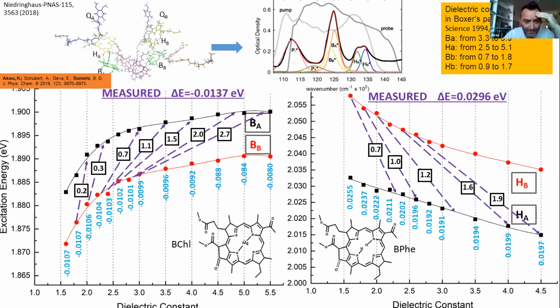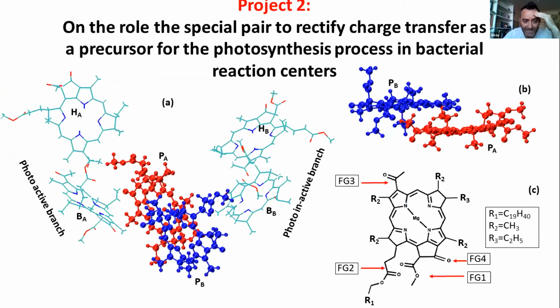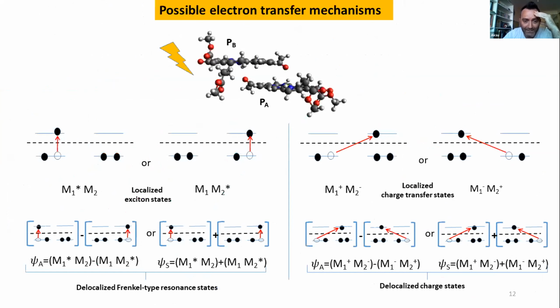So we were also able to show the spectral shift on BA, BB, and HAB, and the lines show the different dielectric results. We later studied the charge transfer state in the special pair, the mechanism of electron transfer.